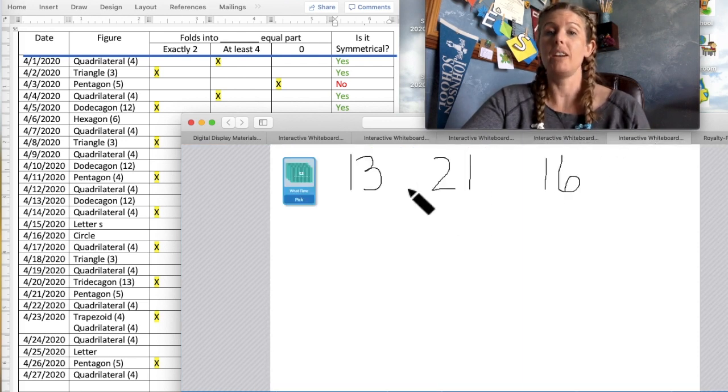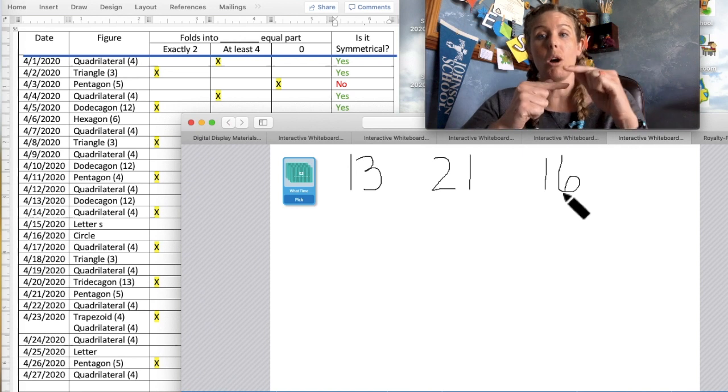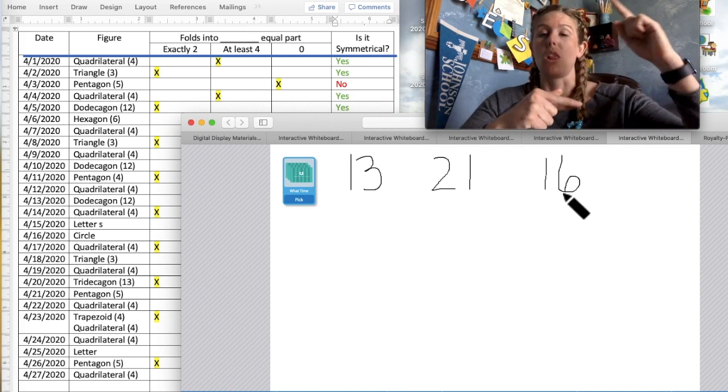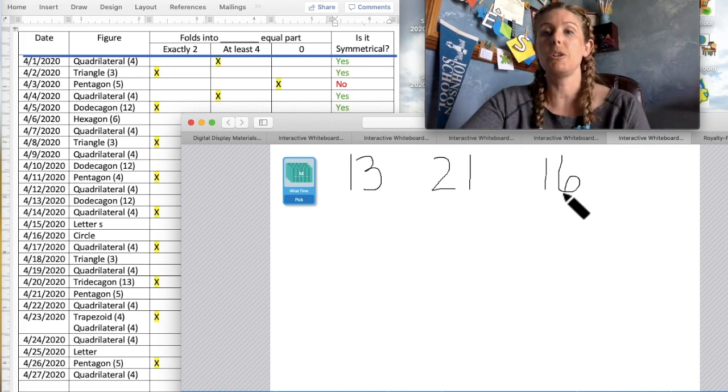We are going to move on to some comparisons. So we had 13 popsicle sticks for week 1, 21 popsicle sticks for week 2, and 16 popsicle sticks for week 3. We want to compare these 3 numbers by putting them in order from smallest to largest. So I want you to point with your finger.